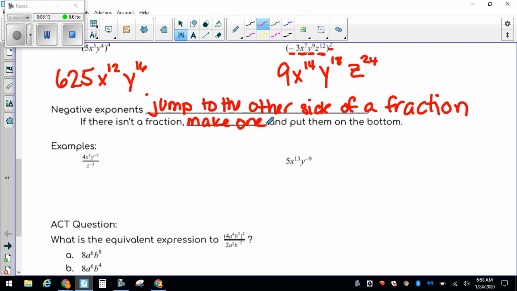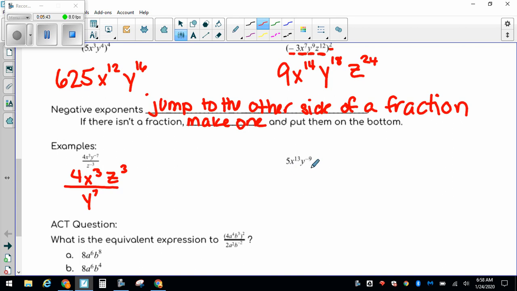So here, I'm just jumping around numbers. The 4 doesn't have an exponent, so it's going to stay where it's at. The x to the third is a positive exponent, so it's going to stay where it's at. The y to the negative 7 is a negative, and it's on the top, so it's going to jump to the bottom, and when it jumps to the bottom, it becomes positive. And then down here, I see z to the negative third. It's on the bottom, so I'm going to jump it to the top and make it positive. That way we can fix all of the negative exponents.